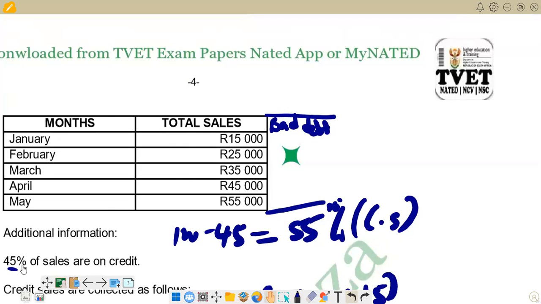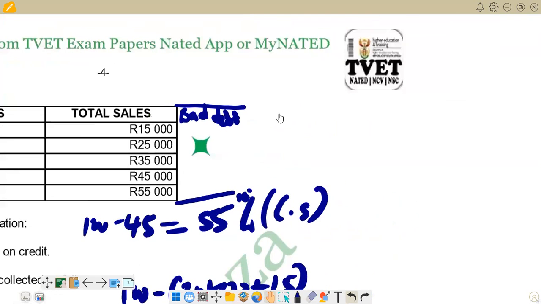Out of the total sales, 45% of them are on credit. So what we are going to do is say 45%, for example for January, 45% of 15,000. Then we get the whole component of credit sales. Then from that 45%, we know that 5% of that figure is going to be bad debt according to the calculation that we made. Then we say 5% of the answer that we are going to get. So we are going to start with January.